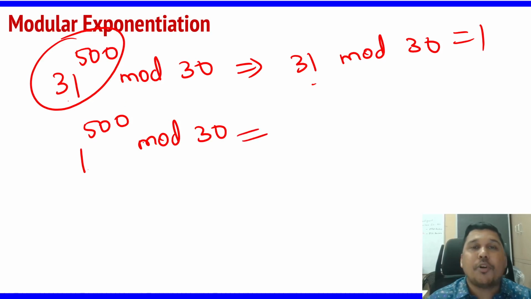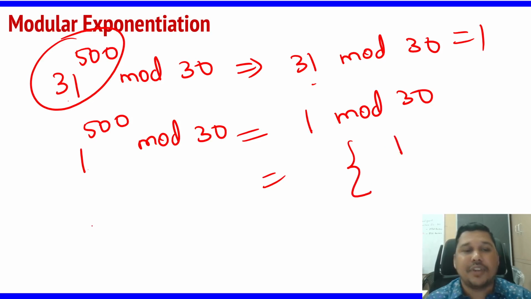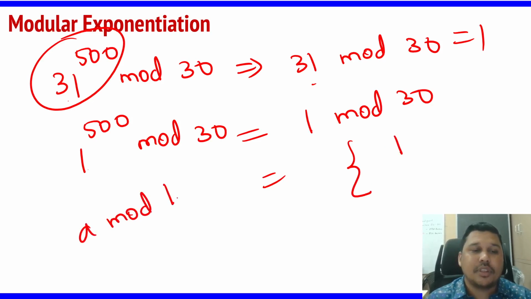Now what is 1 power 500? 1. It means 1 mod 30. This is a positive number, less than 30. So what answers will I get here? If a mod b, when a is less than b, one answer will be a, the other will be a minus b.